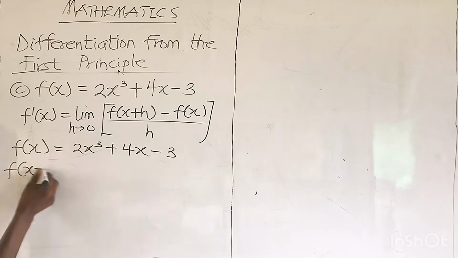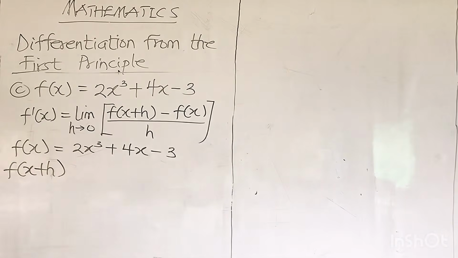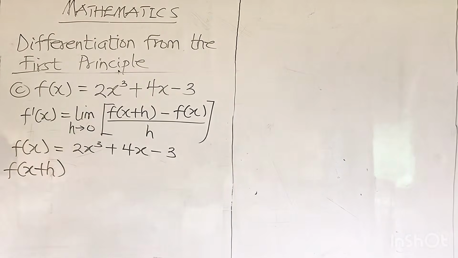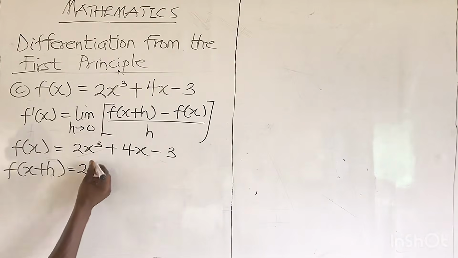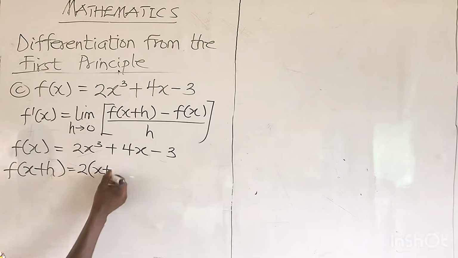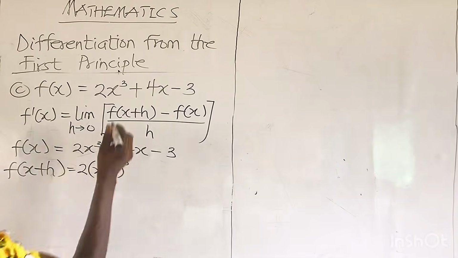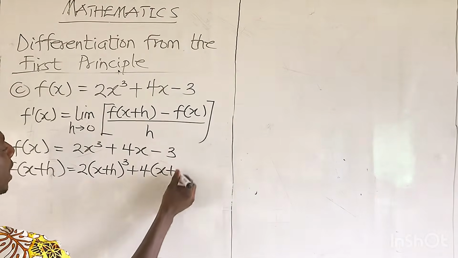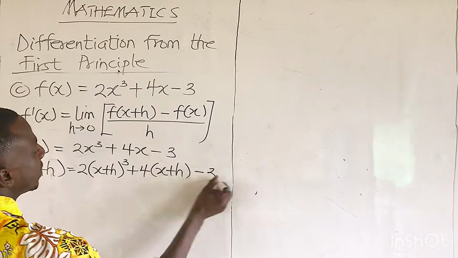So I need to get my f of x plus h. This means that anywhere I see x here, I will attach plus h to it. So it is going to be 2 into bracket x plus h cubed plus 4 into bracket x plus h minus 3.